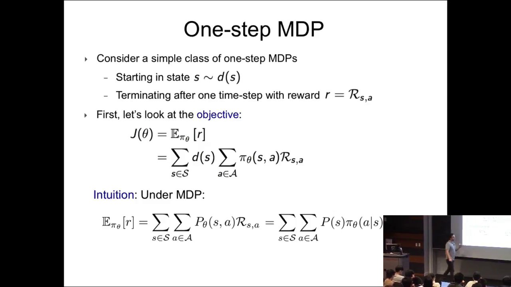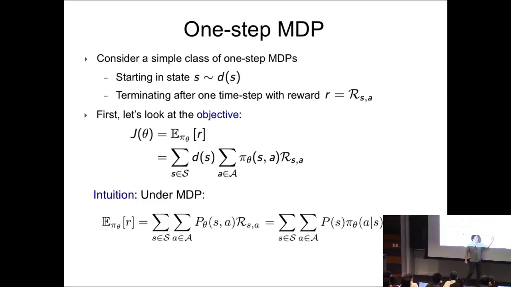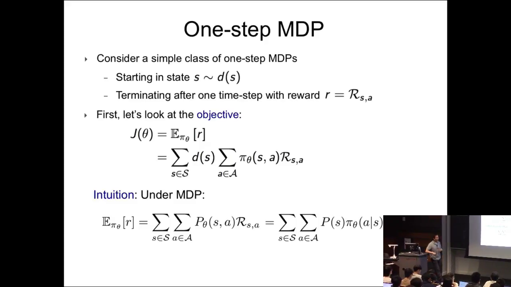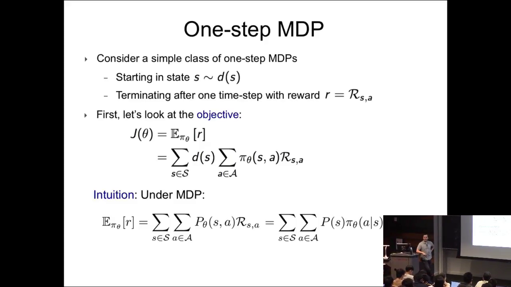So if under my Markov decision process, I end up always being in some states that have bad rewards, then it's bad. You want the states that are probable to have high reward. And obviously you want to choose the policy that takes an action that gives you high reward, right? So you want to be in a good state and you want to take an action that gives you high reward, right? This is just the definition of the expectation. Okay?